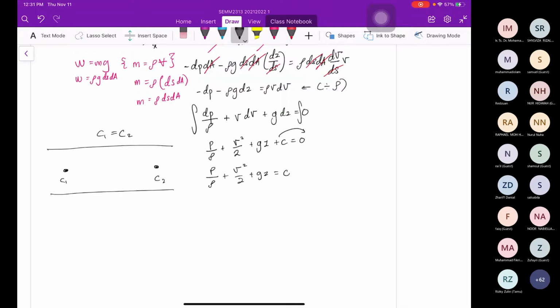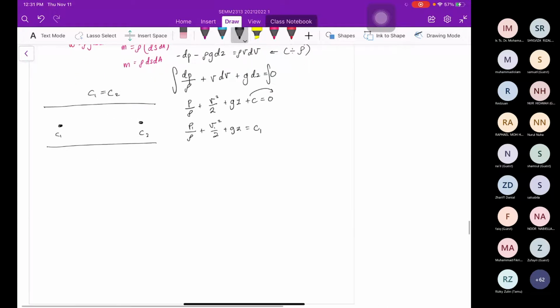When it involves two points, at two points we can use P1/ρ plus V1²/2 plus gz1 equal to P2/ρ plus V2²/2 plus gz2. This is the Bernoulli equation involving two points.